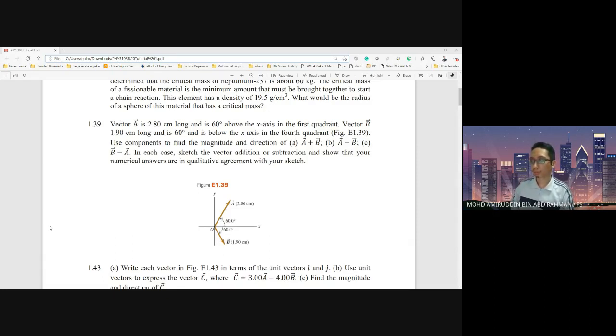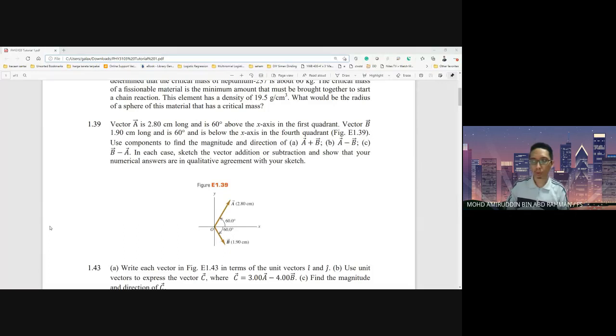Because you are given this set of problem, the easiest way to solve that, how to do that? You also learned yesterday about the component of each of the vectors.